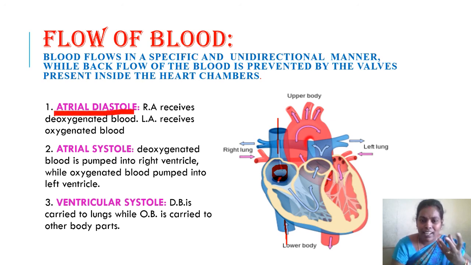During this atrial diastole, that means relaxation of the atrium, the blood easily passes to the right atrium. Look here, the right auricle receives deoxygenated blood from all parts of the body.